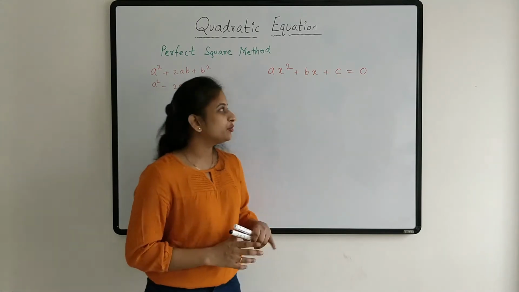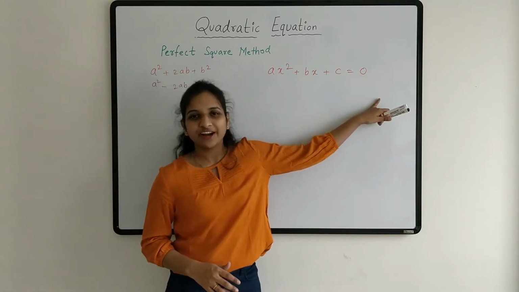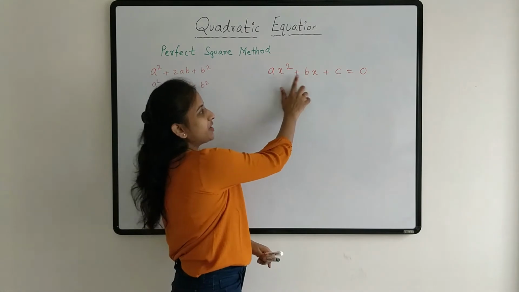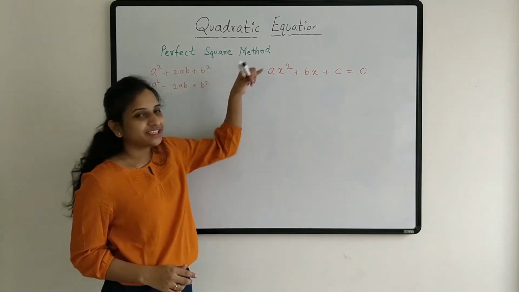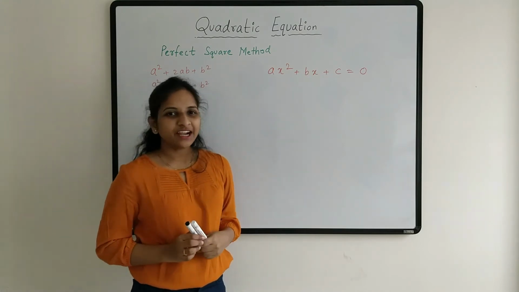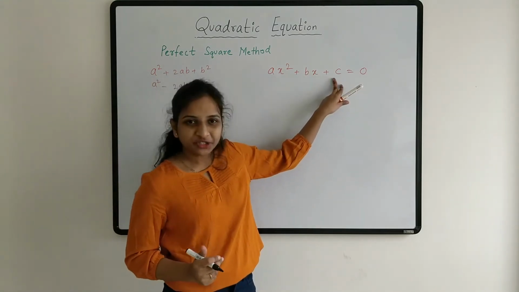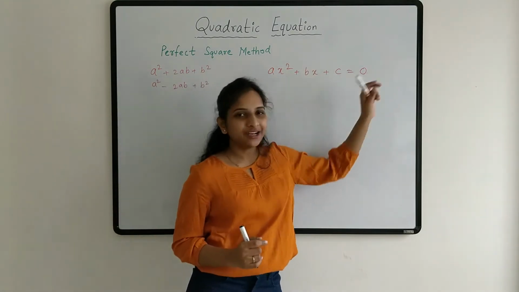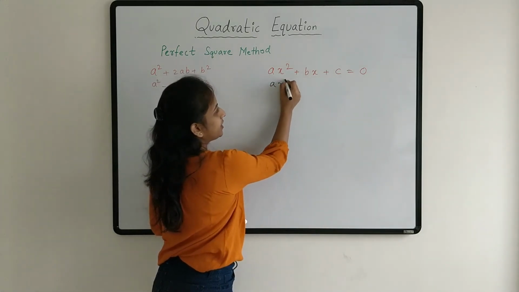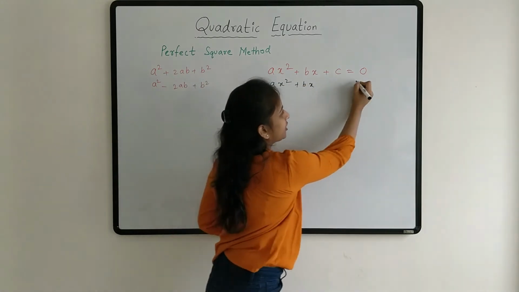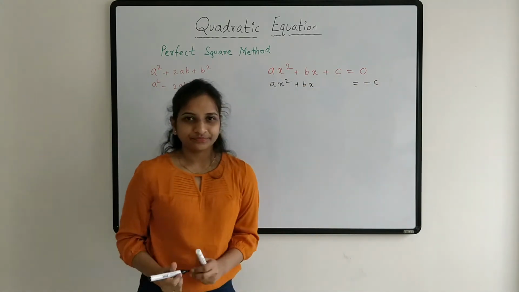Now let's find the roots of the general quadratic equation ax square plus bx plus c by the perfect square method. In this method, we should send the constant term to the RHS. So on the LHS it is ax square plus bx and on the RHS it is minus c.